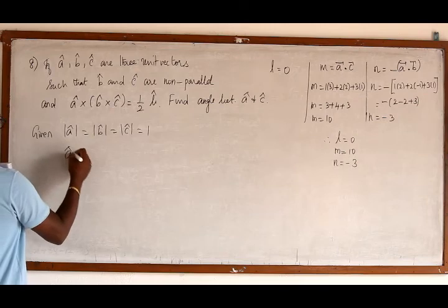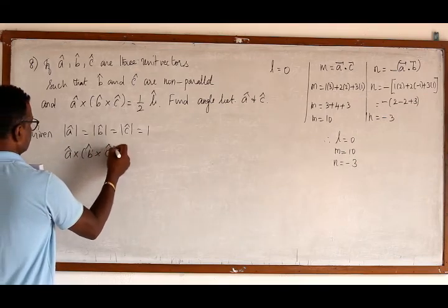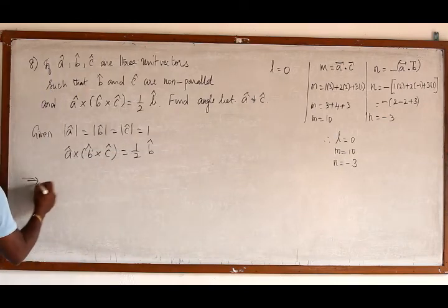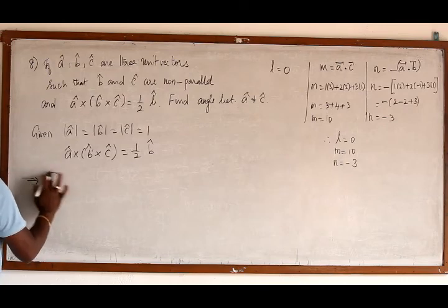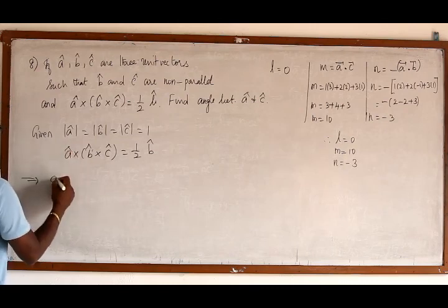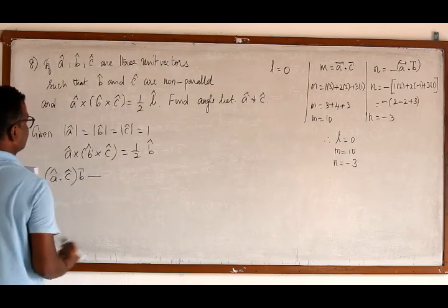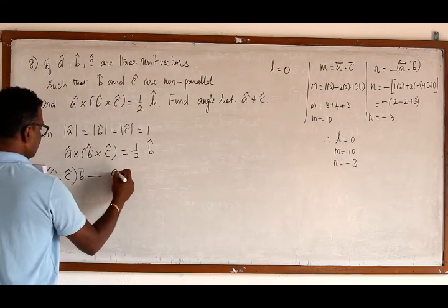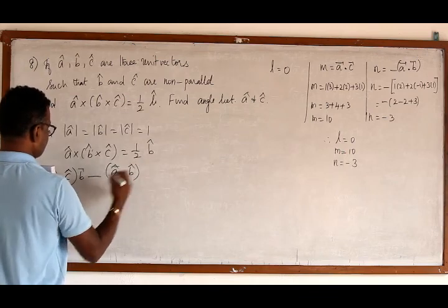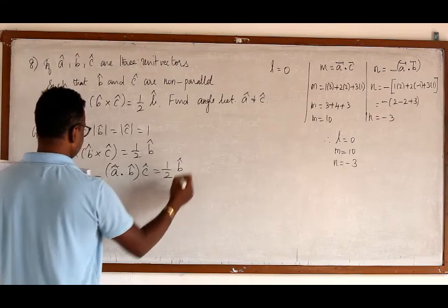Also given A cross (B cross C) equals 1 by 2 B cap. Then this implies, as per definition, (A cap dot C cap) into B cap minus (A cap dot B cap) into C cap equals 1 by 2 B cap.